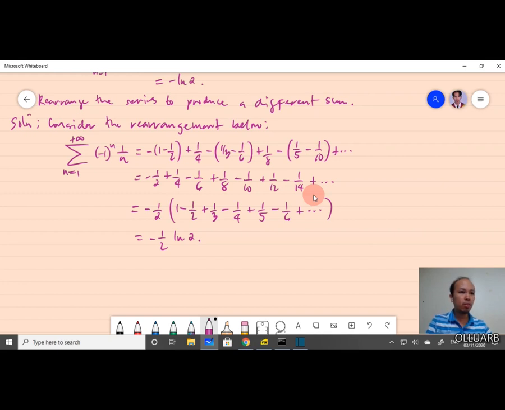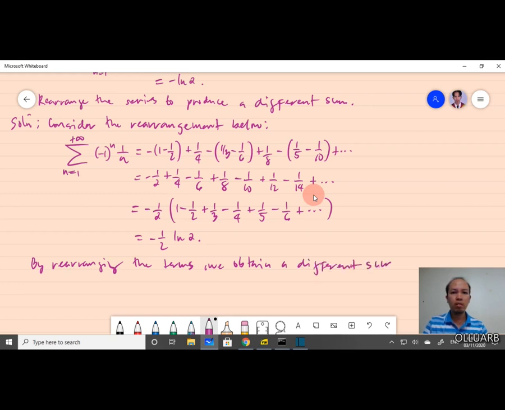Okay, so what is the conclusion? By rearranging the terms, we obtain a different sum. This is because the given is a conditionally convergent series.